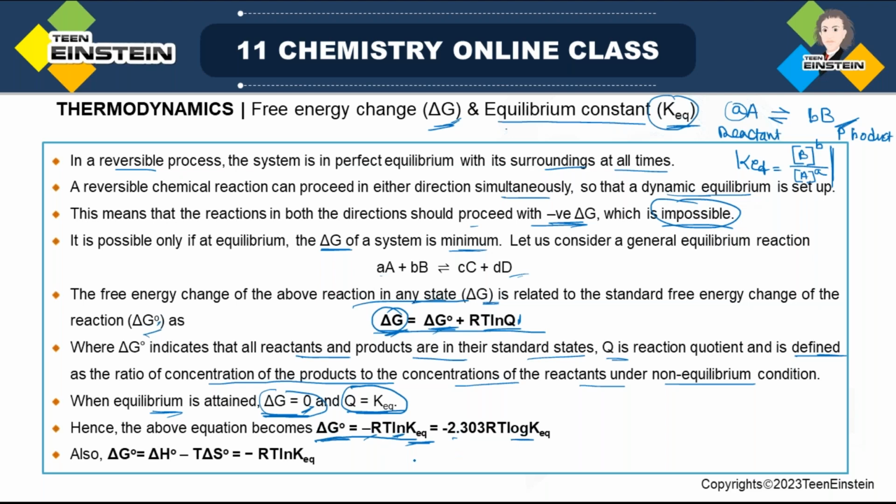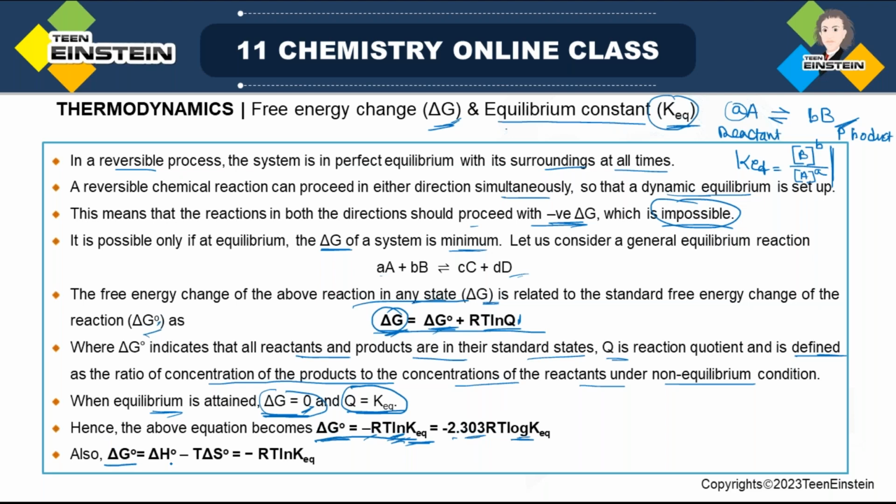So it is either minus RT ln K equilibrium or minus 2.303 RT log K equilibrium. So when we have any problem, we should be careful whether it is ln or log that you are using, because if it is log it is 2.303, and if it is ln, 2.303 should not be there.